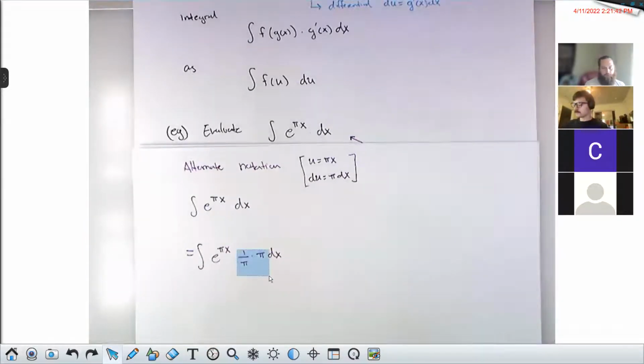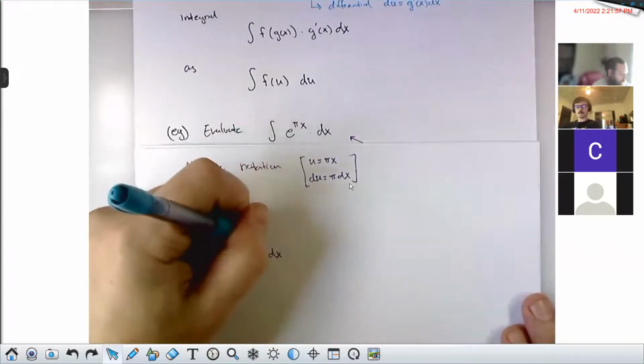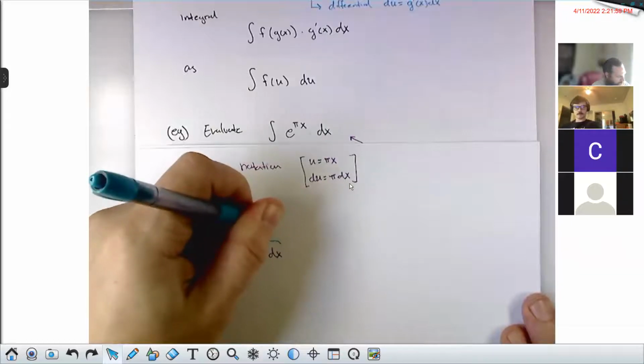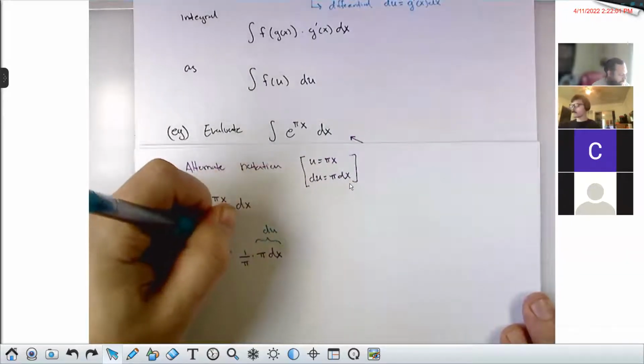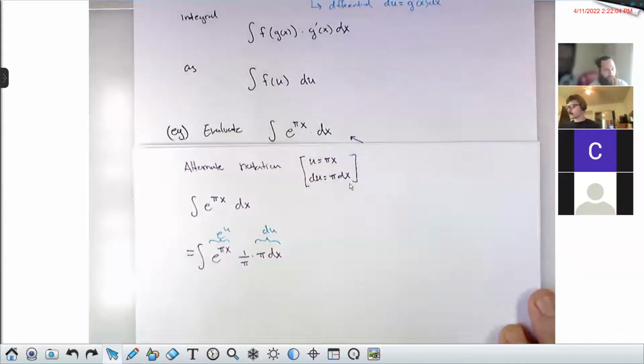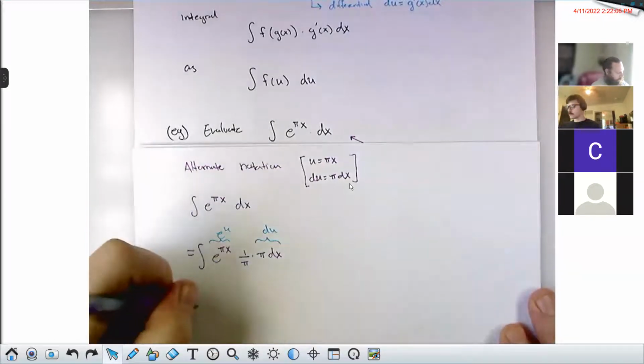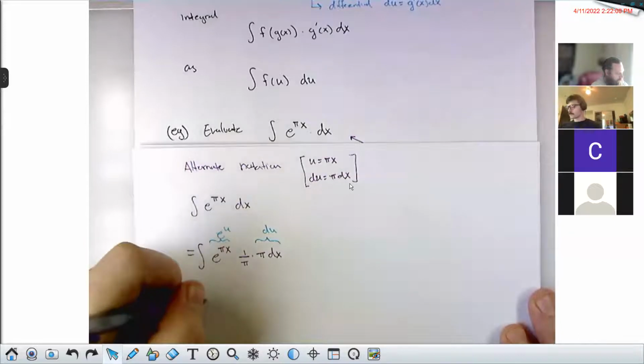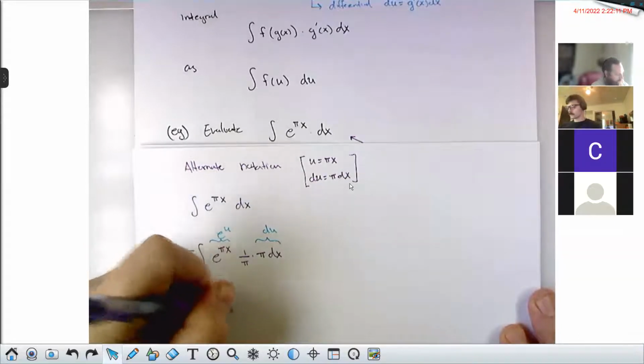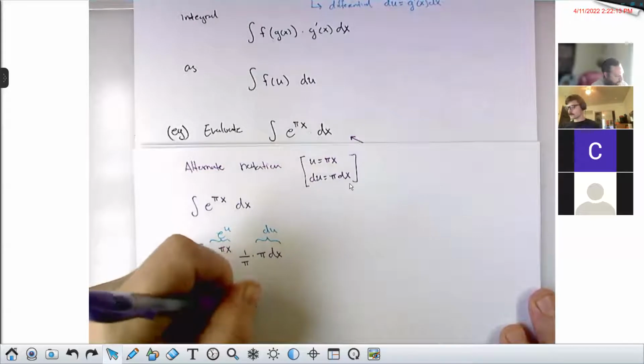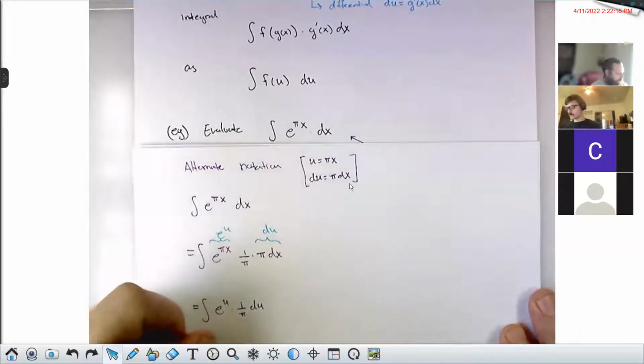What I'm doing here is multiplying by 1, but I'm multiplying by 1 in a useful format because it gives me pi dx, which is du. And of course, this piece is e to the u. So without ever going through that rigmarole of solve for dx and plug in, I can go, okay, this is e to the u times 1 over pi du, and it's the same from there.